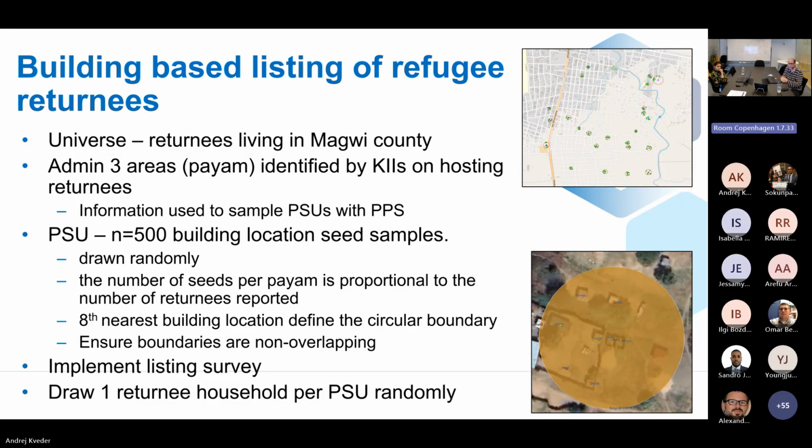So in highly dense populations, those circles will be small. In more sparse rural areas, the 8 or 10 nearest buildings, depending on what methodology you use, would be much further apart. So this takes care of at least the perceived and understood density of the population. And this listing is then used as the sampling frame for the actual selection. I'm happy to answer any more particular questions around those.